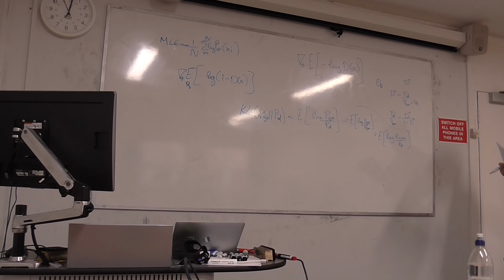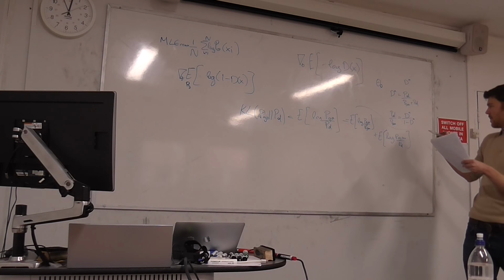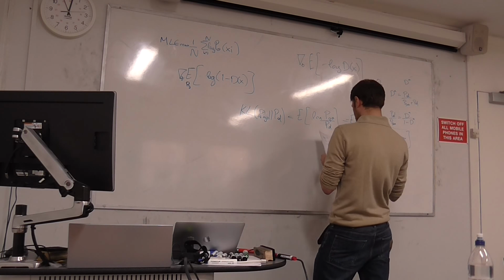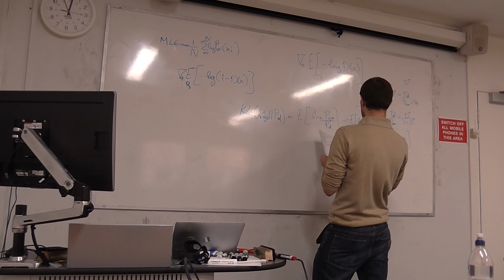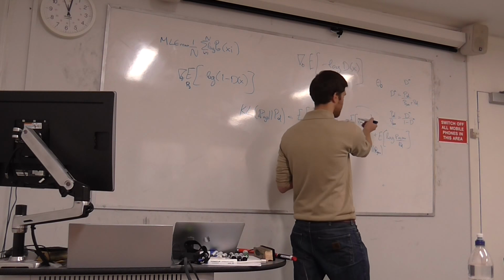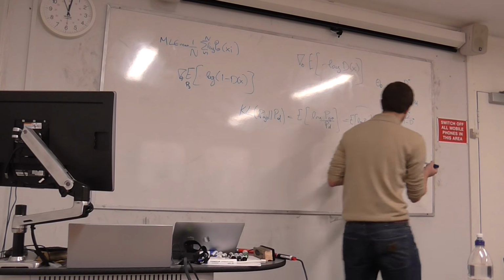Let's have a look at what this one is. That is the Kullback-Leibler divergence of PG theta given PG theta 0. This is just the formula for this.